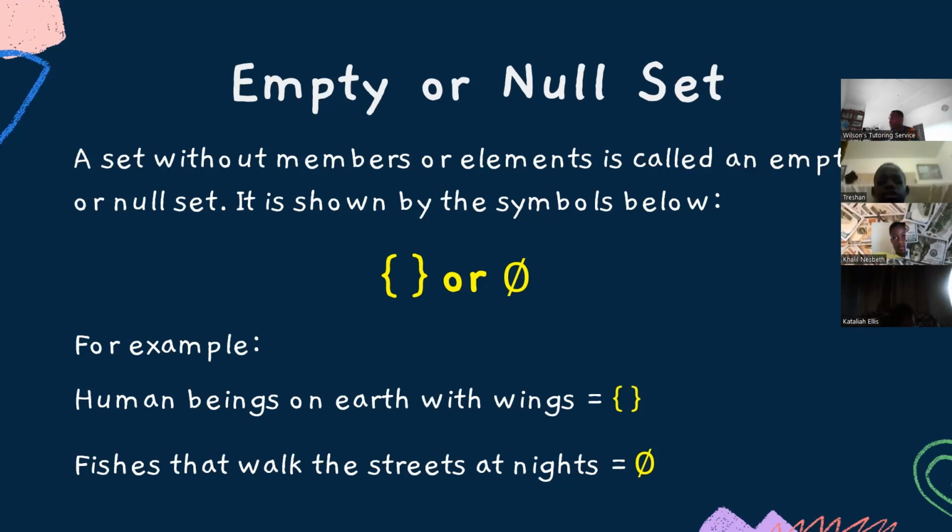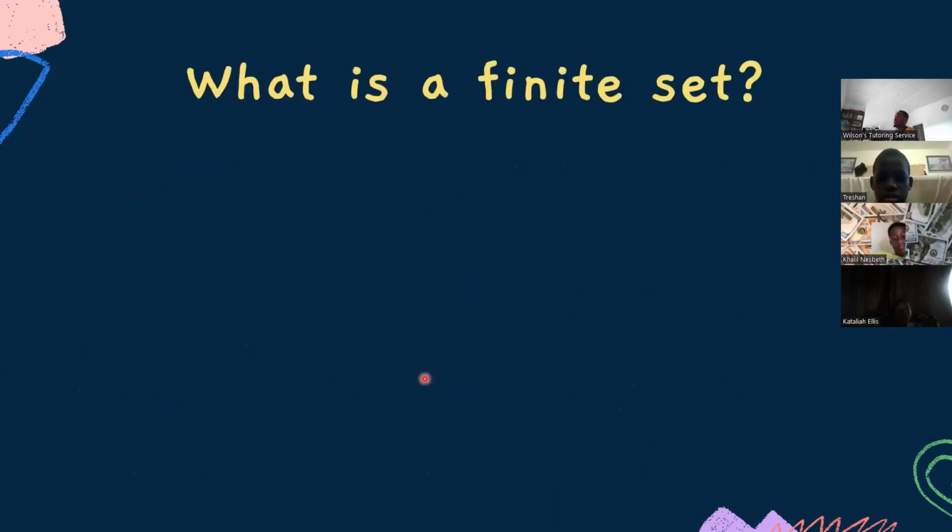Fishes that walk the streets at night still don't have any members. First of all, fishes don't have feet. So it's impossible. So normally what happens is that with empty sets, you cannot find any members at all, no matter how you're searching. The next one would still be empty.